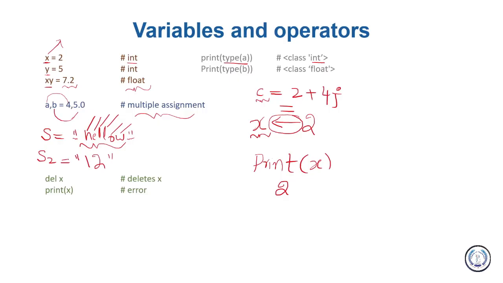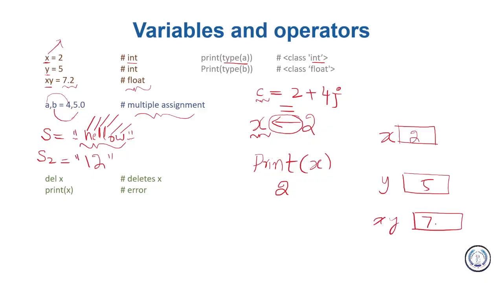Once you have declared a lot of variables, they stay in the memory, they occupy a particular space inside the memory. For example, X is just a label to a memory location. Inside the memory there is 2 located somewhere. Similarly, Y is also located somewhere in memory, and similarly XY, and this is the data inside that memory.